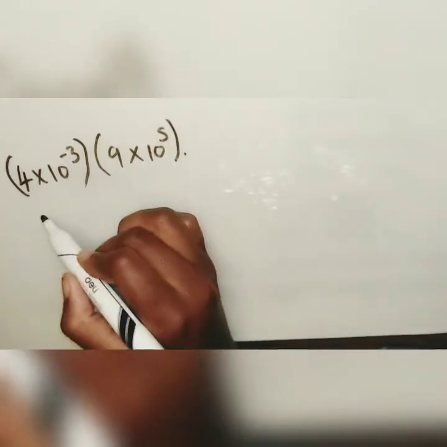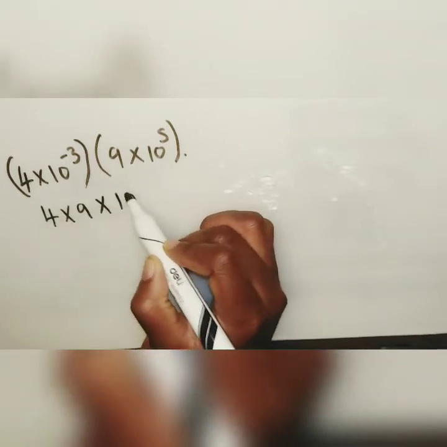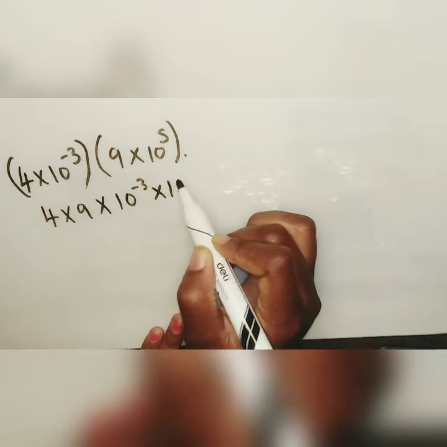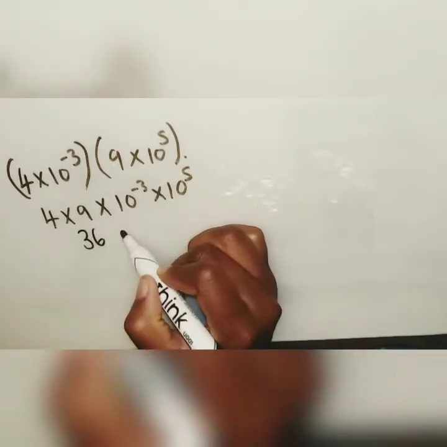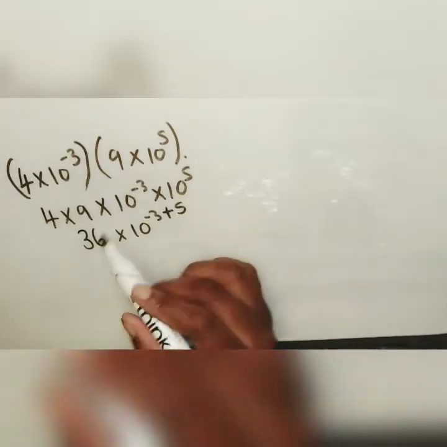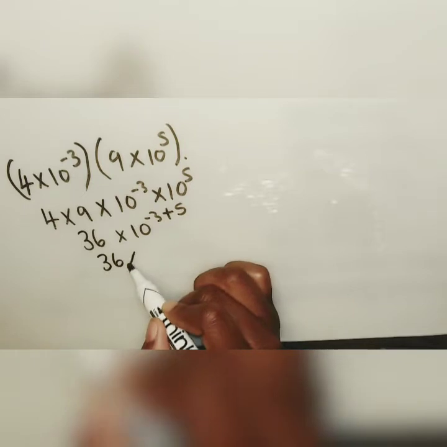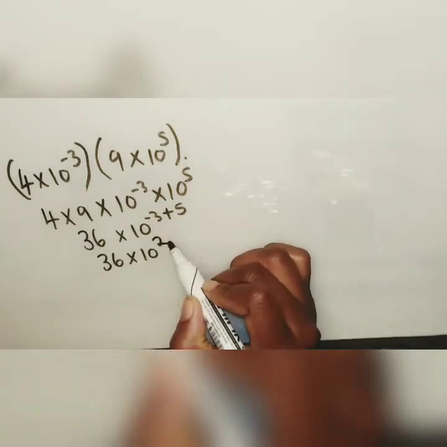Okay. So we simply say 4 times 9 and times 10 to the power minus 3 times 10 to the power 5. 4 times 9, that's 36 times 10 to the power minus 3 plus 5. 36 times 10 to the power minus 3 plus 5 is just a 2.